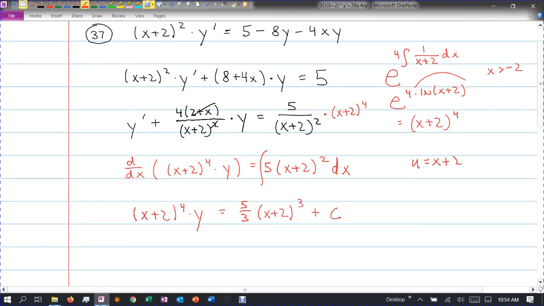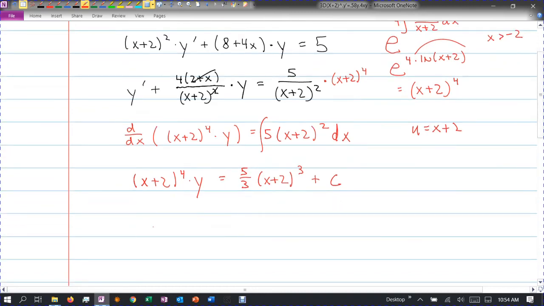We divide through by x plus 2 to the 4th. So we get 5 over 3 times x plus 2, because 3 of the factors canceled, then plus c over x plus 2 to the 4th, like that.